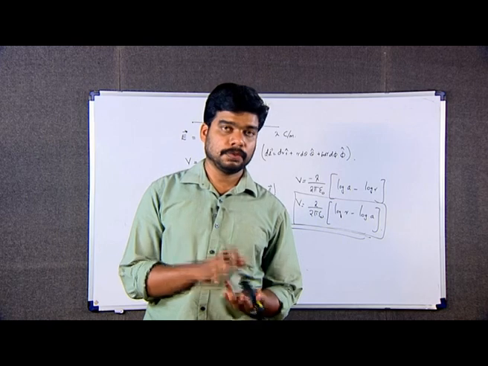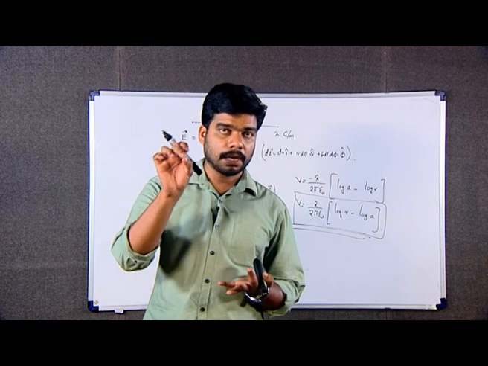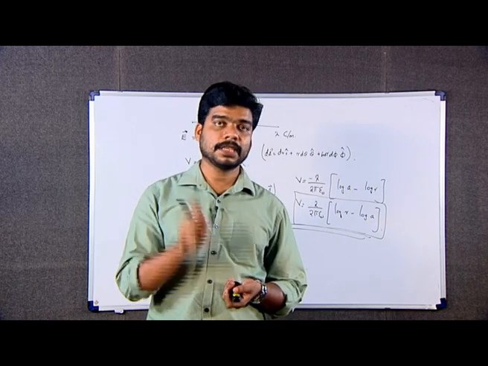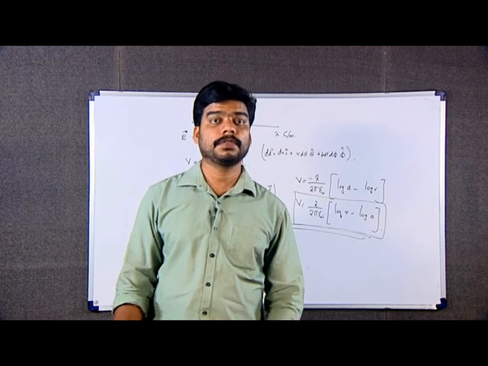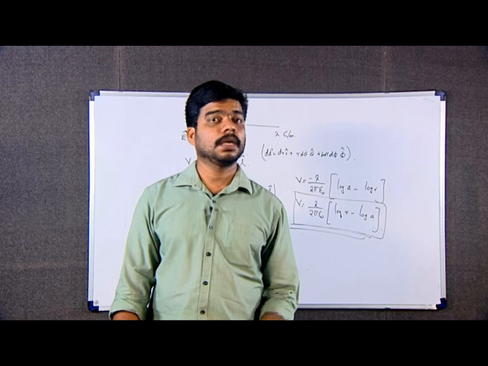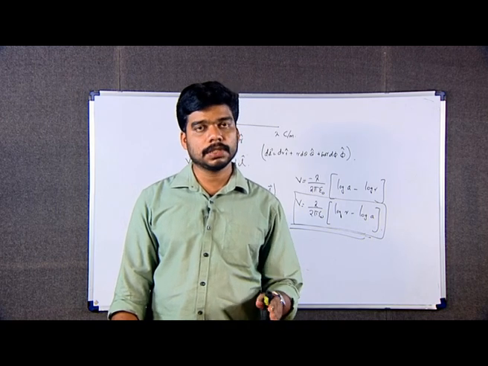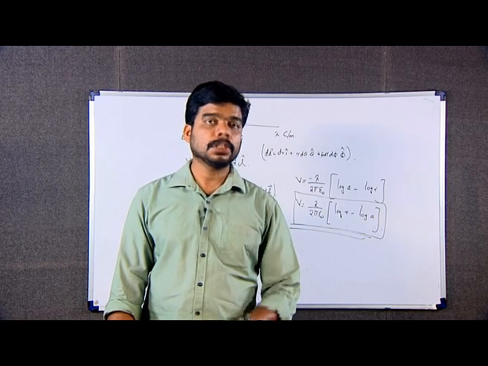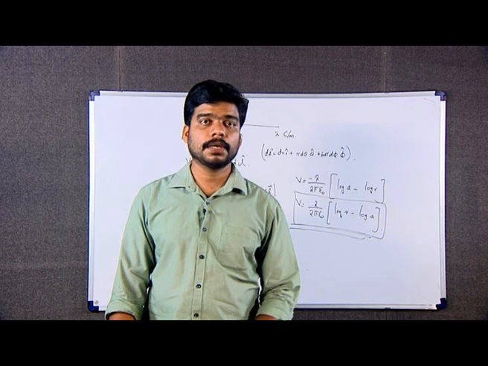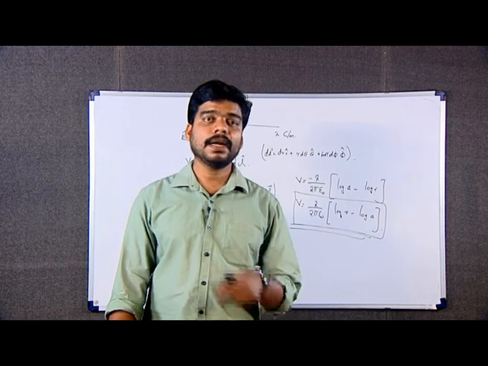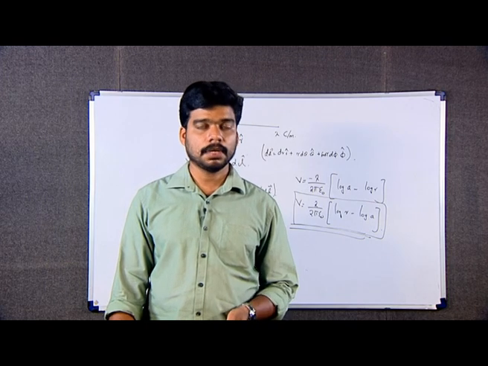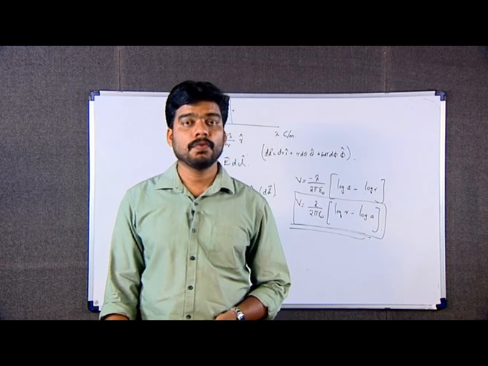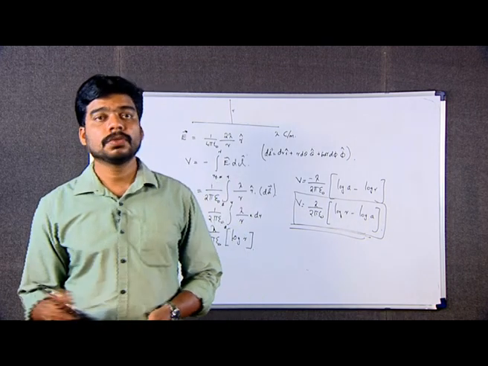Now, we will discuss what is the potential due to a spherical shell, and for a shell there are 3 points: one outside the shell, the surface of the shell, and the inside of the shell. The easiest thing is that for the inside and at the surface the potential will become constant, and for the outside the potential will vary according to the distance r.